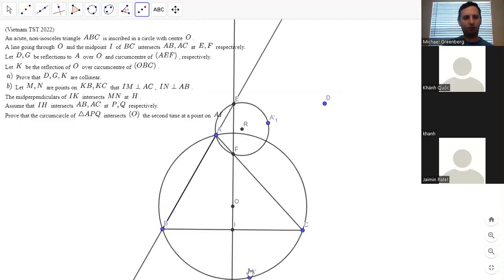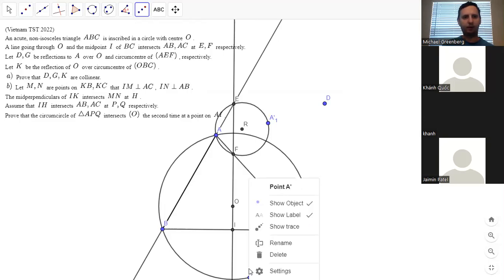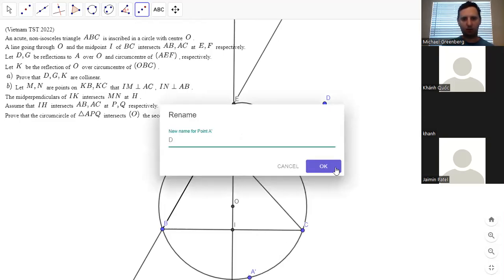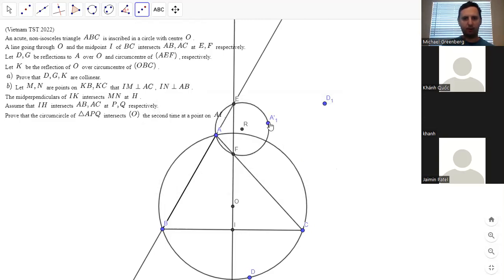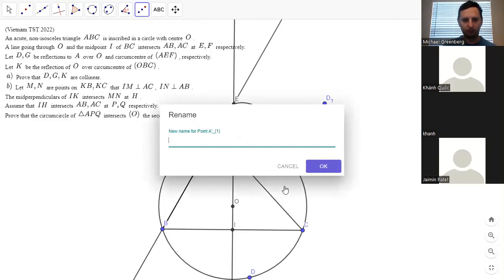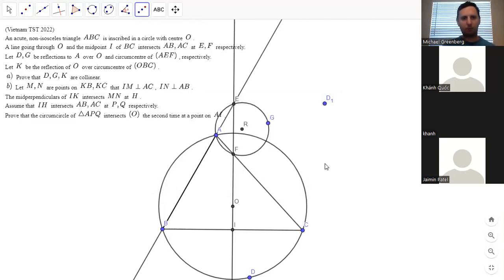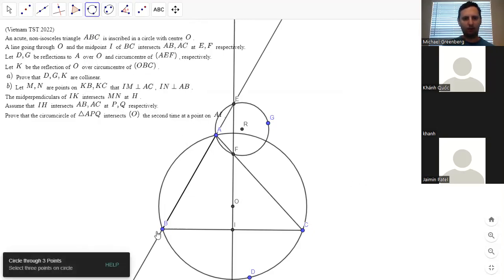This one is going to be D. So AD is a diameter and AG is a diameter. And K is the reflection of O over the circumcenter of OBC. So kind of a lot of stuff here.